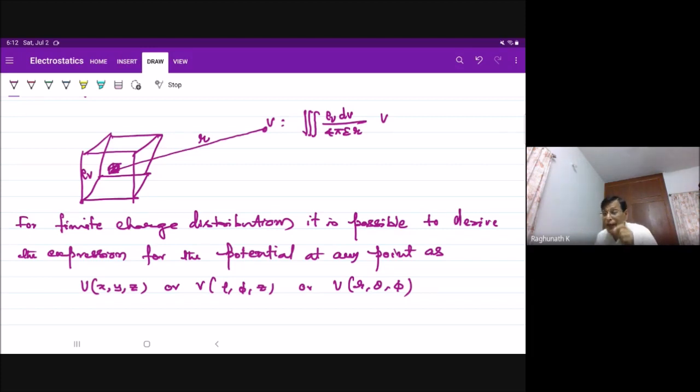Then we derived the expression for the potential at a point because of a point charge, like we defined the expression for the electric field intensity at any point because of a point charge.